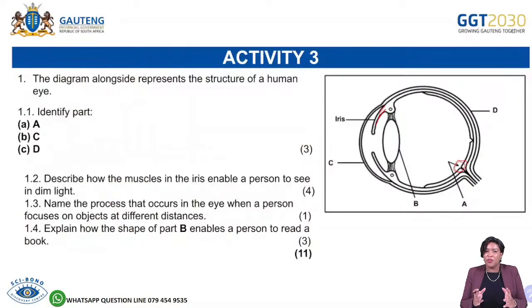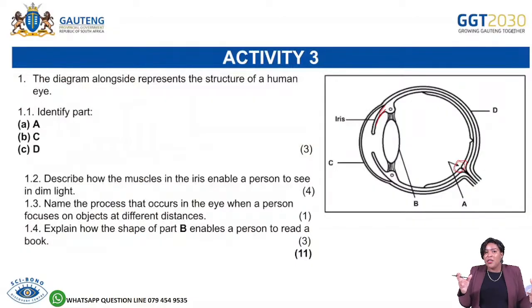You just learned from Vedika now that you need the iris to protect the retina, to control the amount of light that is entering the eye so that the retina is protected. Now, in dim light, the iris acts differently. You need more light coming in.